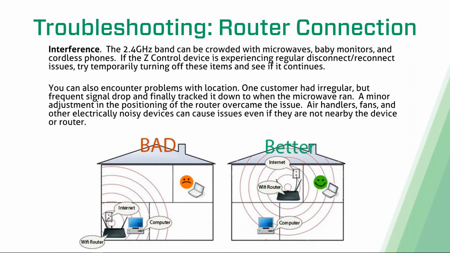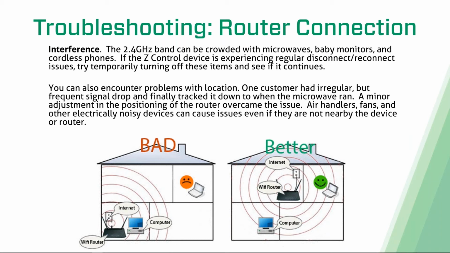So another word about the interference of the 2.4 gigahertz band. That can be a crowded band in the house. Some microwaves and things like baby monitors and the older style cordless phones may all use that 2.4 gigahertz band.